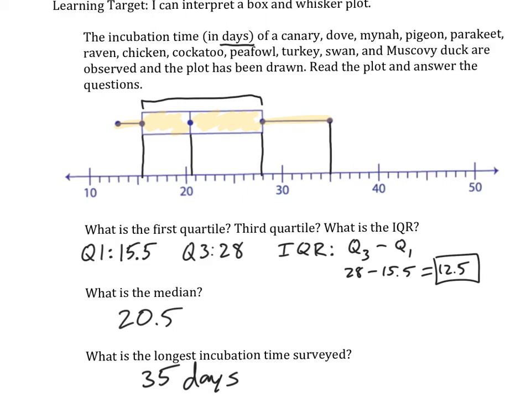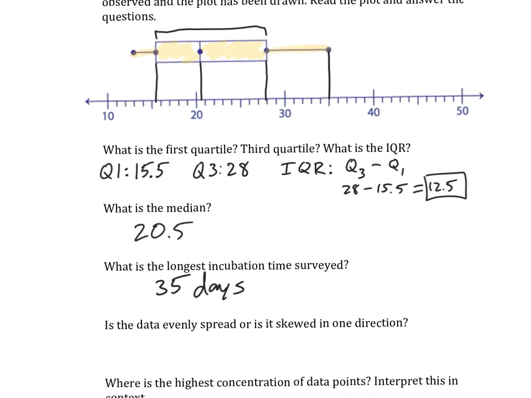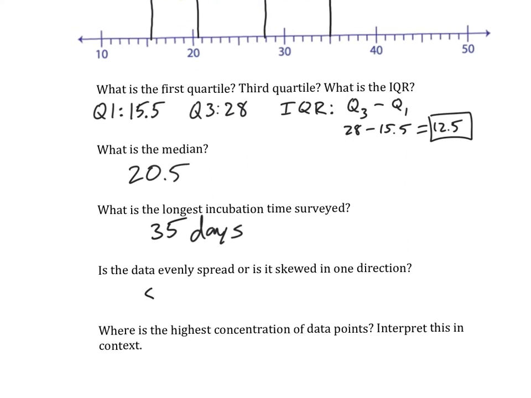So in this case, it looks like we have a higher concentration over here between the minimum and the median than we do between the median and the maximum. So we are actually going to say that this data is not evenly spread and it is skewed to the right.